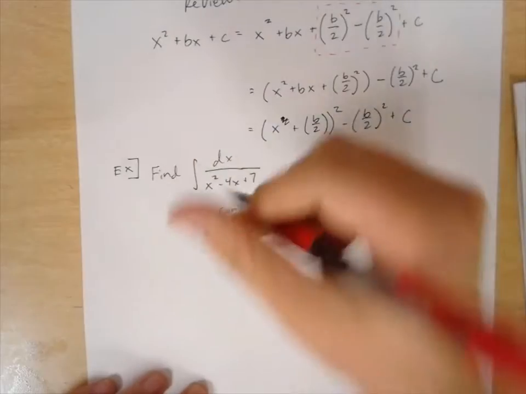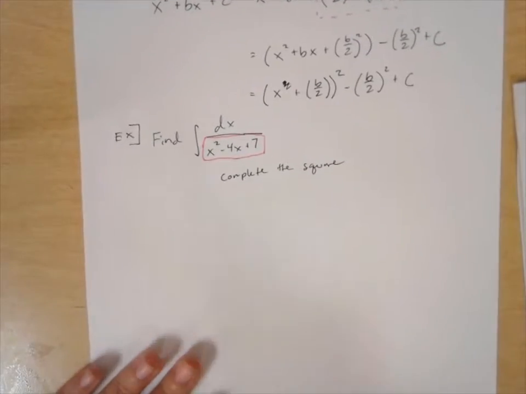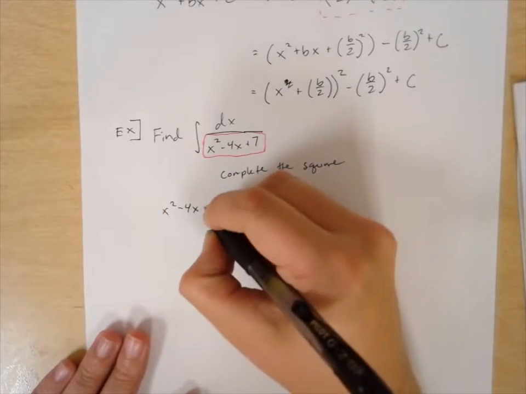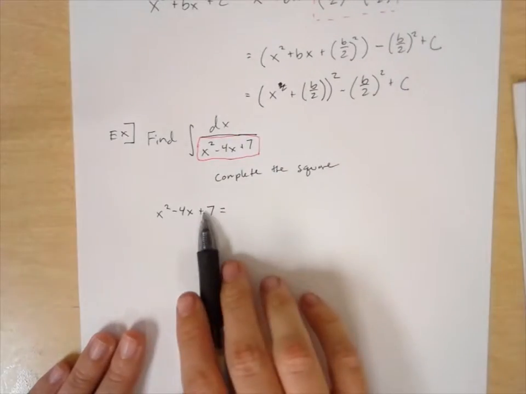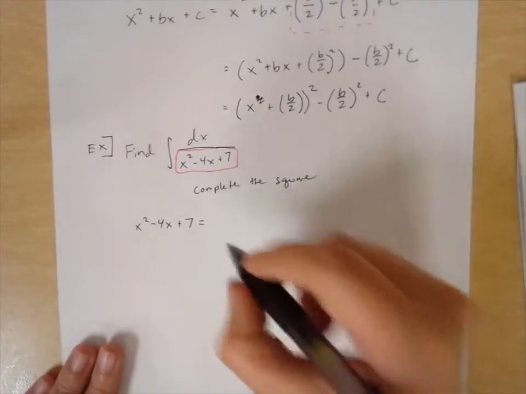For that denominator, right? This denominator we're going to complete the square with. So we're going to take that x squared minus 4x plus 7, and I'm going to rewrite it exactly as I did up here. I'm going to start with my x squared, my minus 4x.